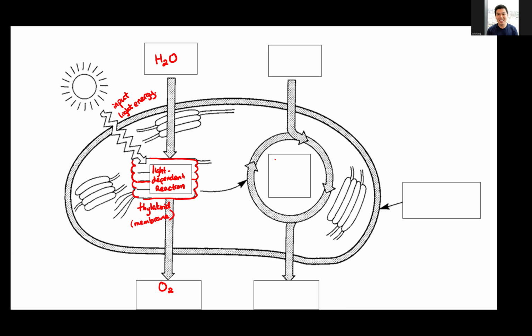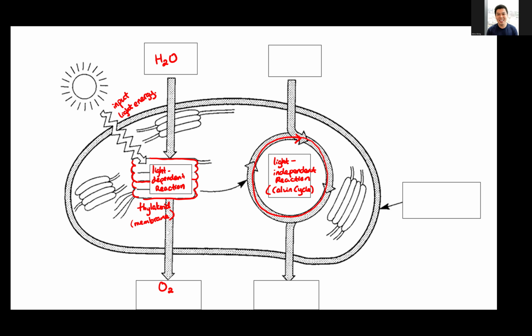Then we have the light-independent reaction. This reaction is also known as the Calvin cycle. Hence, you see these reactions happening in a circular manner.